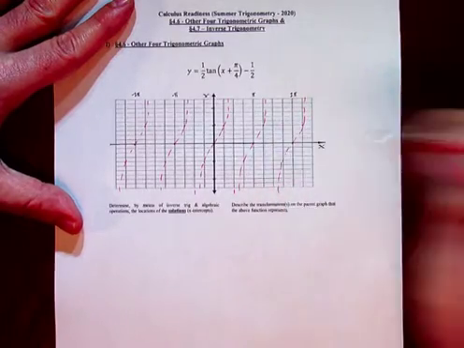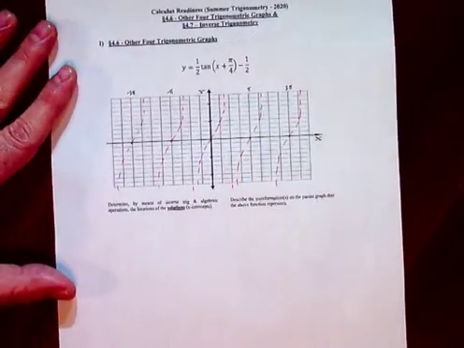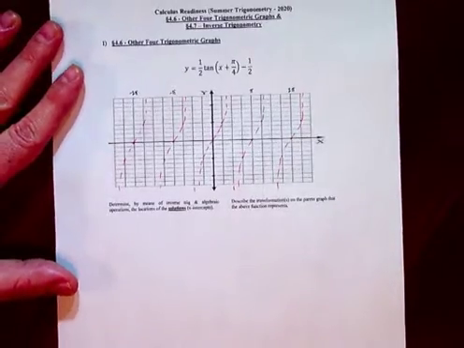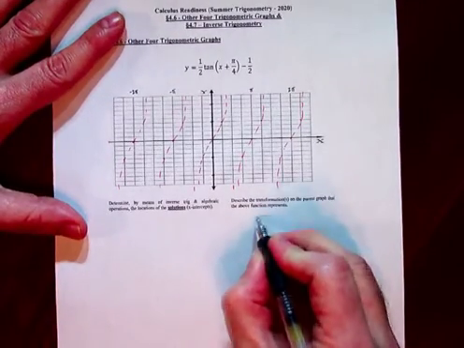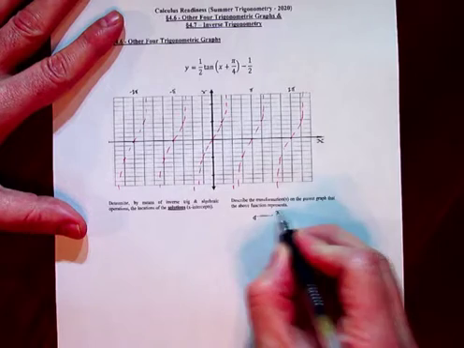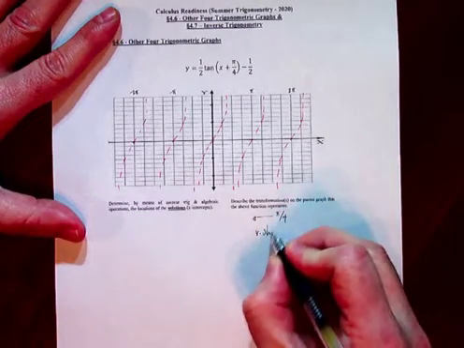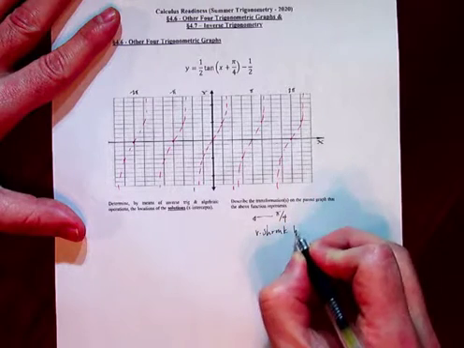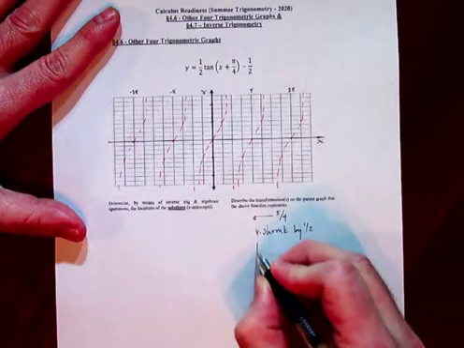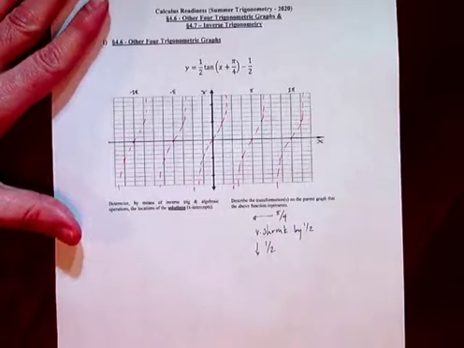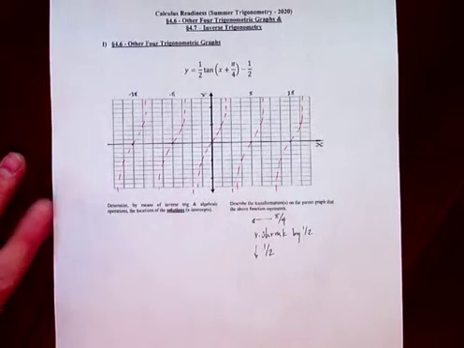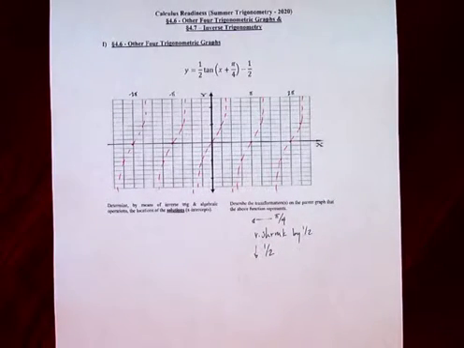Okay. Now, I need to identify the transformations, which I'll do over here. I need to move to the left pi over 4. Okay, I need to vertically shrink by 1/2, and I need to move it down 1/2. Some of y'all lost points because, like I just said, you scaled it inappropriately.